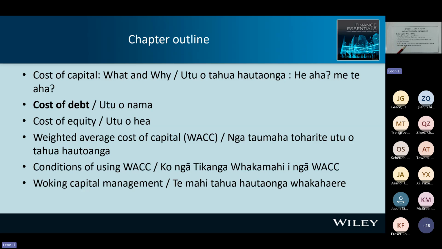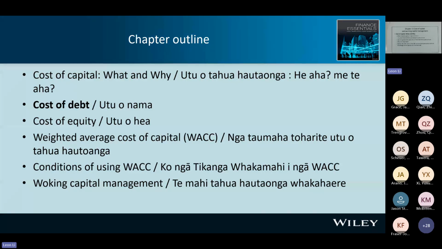Because our NPV and IRR will need the cost of capital. So neither the NPV rule nor the IRR rule can be implemented without knowledge of a project discount rate. All right. So cost of capital is a key variable for our capital budgeting, right?